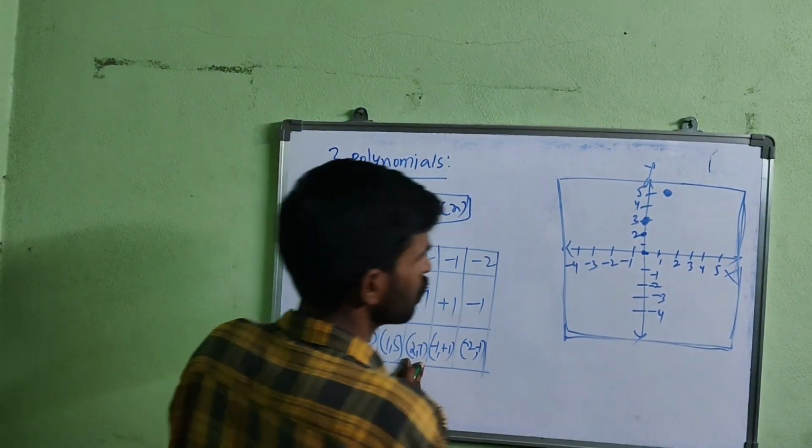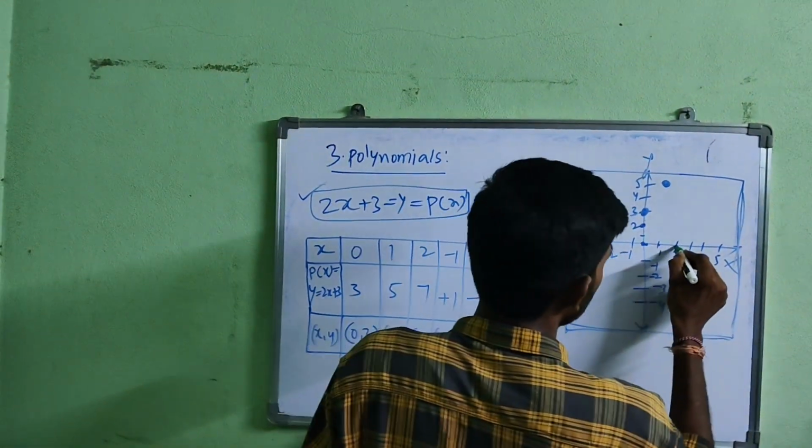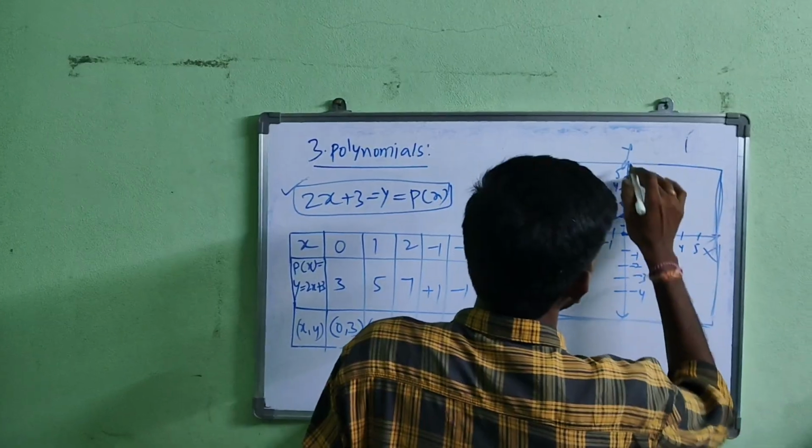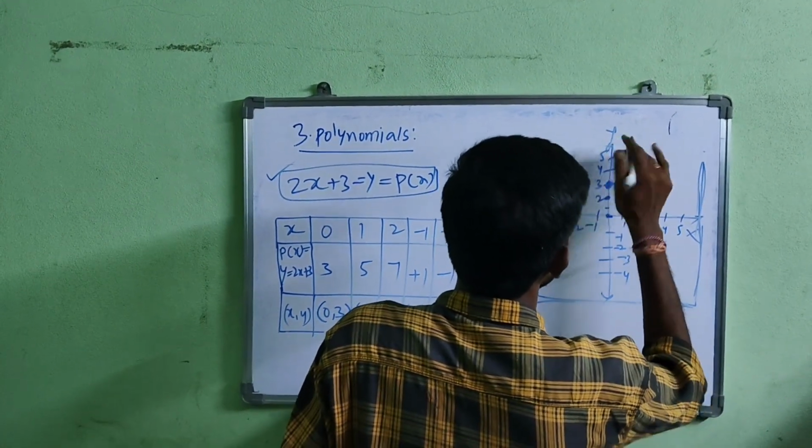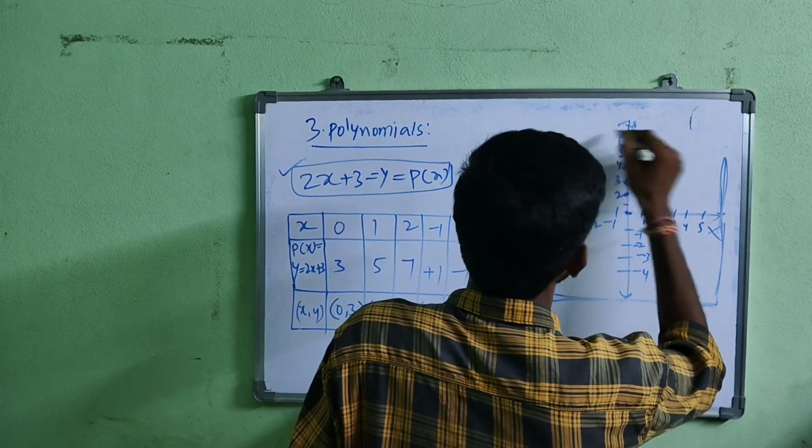Next 2 comma 7. Here 2 and 7. That's why we need to take a total page. Okay, 6, 7.